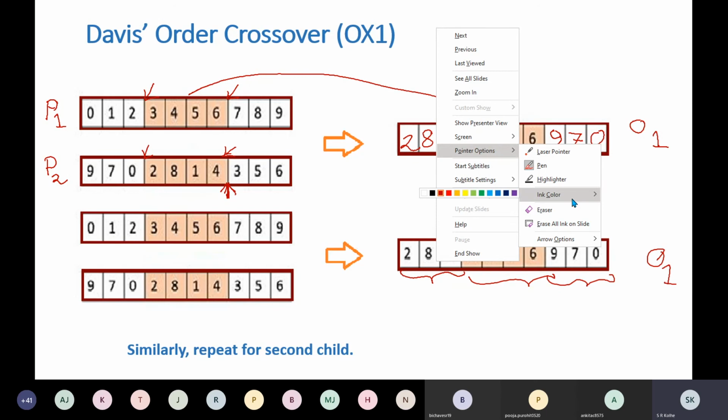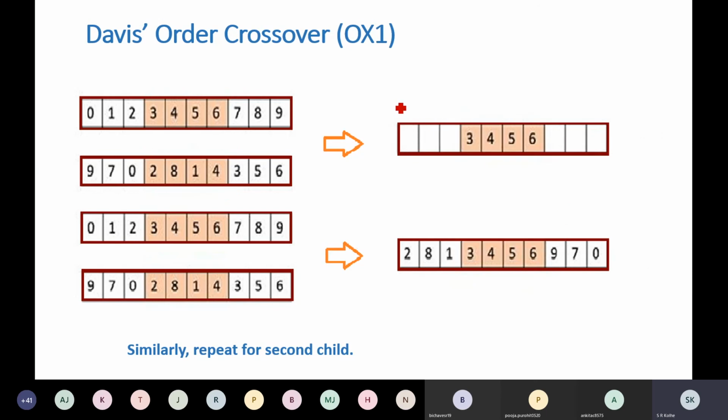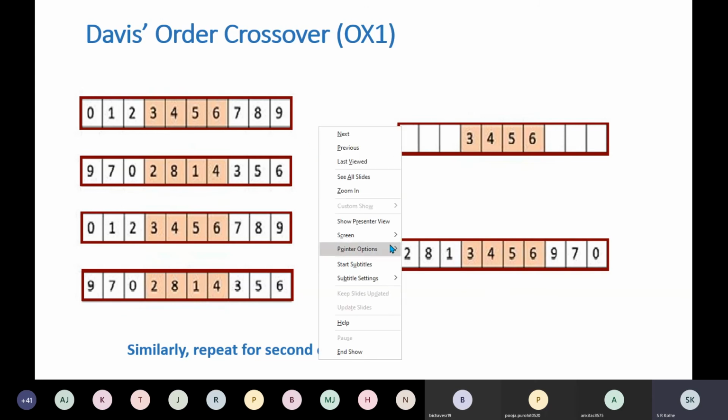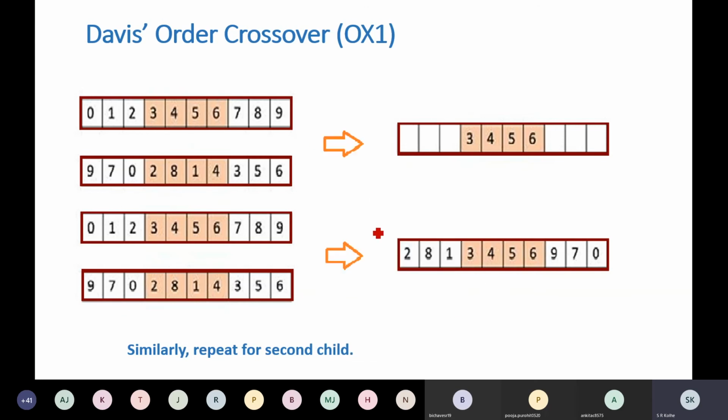Who will explain? Now we have to generate O2. I will write it here. Who will explain O2? What to do now?